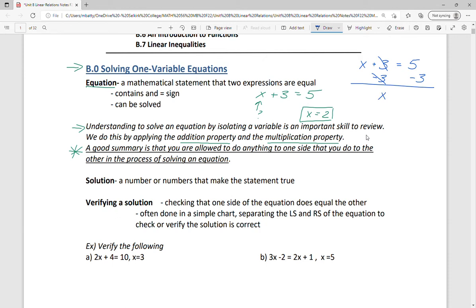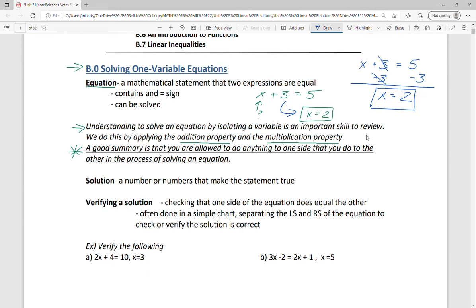I have solved for x. Now I just have to do the math on this side. So x equals 5 minus 3, which is 2. So it's the same answer. Your powers of intuition got you to here, just figuring out the puzzle. Or we do have these mechanisms that, for when things get harder, can be pretty handy.